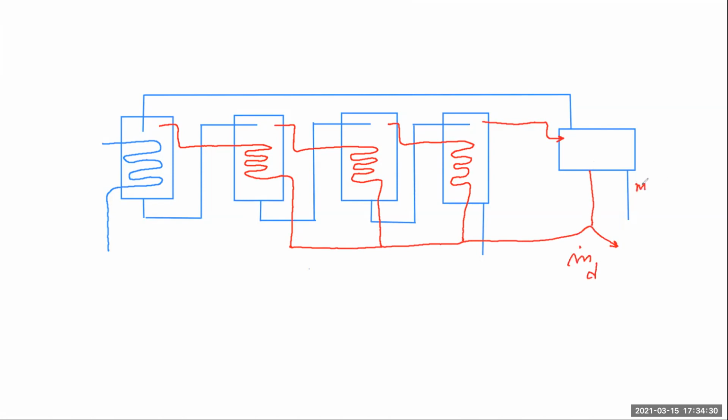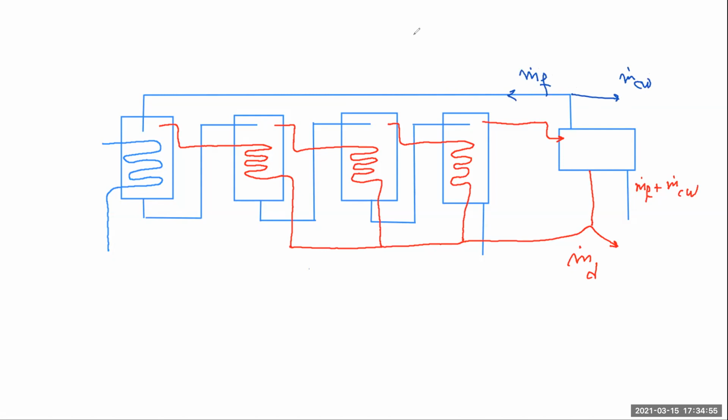And whatever is coming here is m dot feed plus m dot cooling water. M dot cooling water is going to be thrown away and m dot feed is going to be retained. So here we have m dot cooling water thrown away, and whatever we're getting is basically m dot feed.